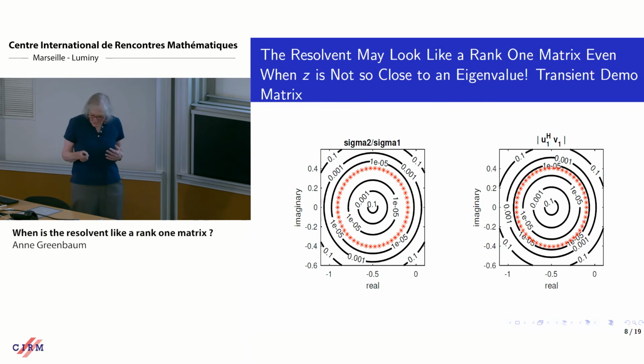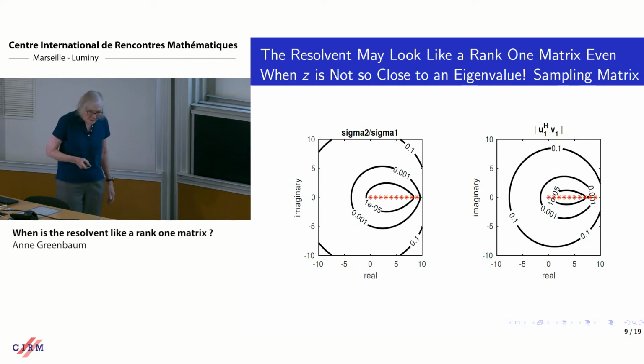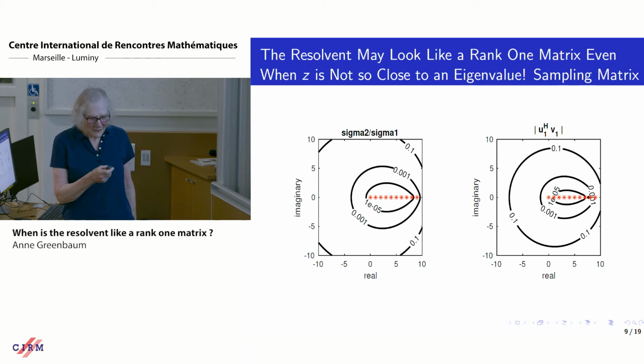Now, both of these are Toeplitz matrices, so you might think, well, this has something to do with Toeplitz properties, but in fact, it holds even for matrices that are not Toeplitz. This is another one from the matrix gallery in MATLAB. It's called the sampling matrix.